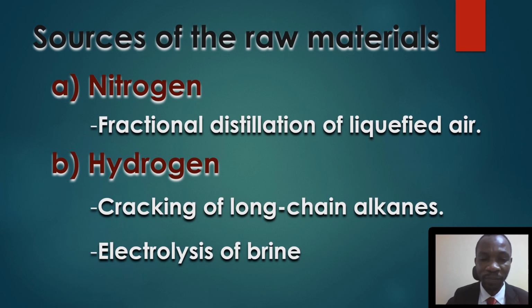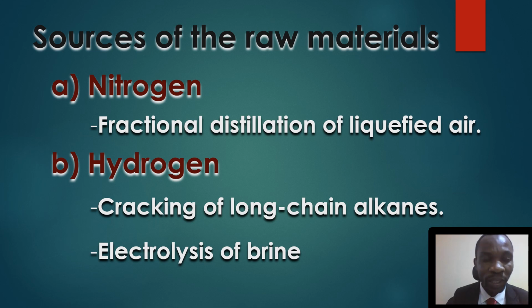When you pass an electric current through concentrated sodium chloride solution, at the anode chlorine gas is formed, and at the cathode hydrogen gas is evolved. This hydrogen gas, which is formed at the cathode, we need in the Haber process. So electrolysis of brine is also another source of hydrogen gas.